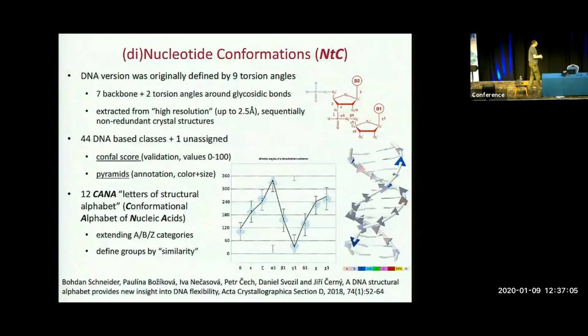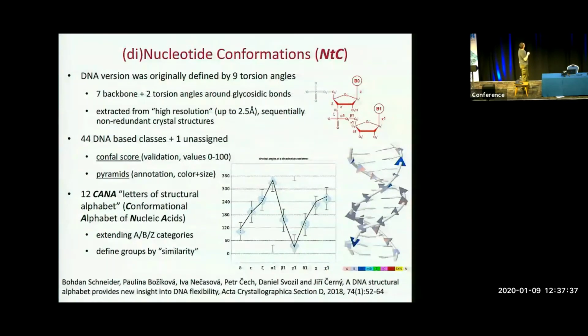The whole idea is that we extract good crystal structures from the PDB, remove the sequentially redundant structures, extract the dinucleotides, measure the torsions, and cluster them. Based on that, we designed these 44 classes and introduced two validation and annotation parameters.